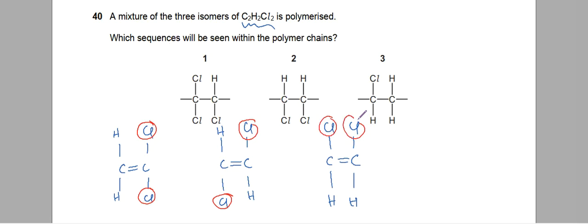Having this mixture of three isomers in the reaction mixture, is it possible to form these three products? We can take a look. This can be formed if you have one unit of this and one unit of this.